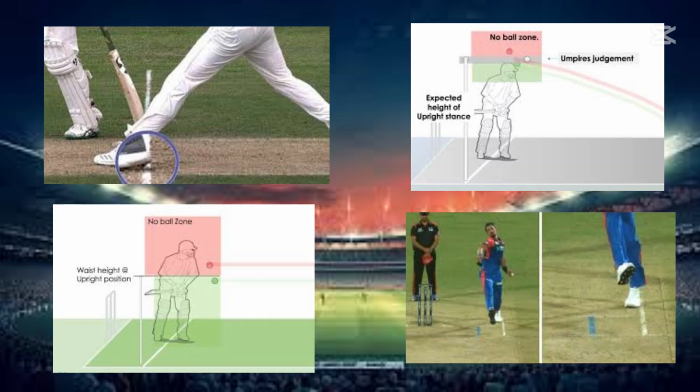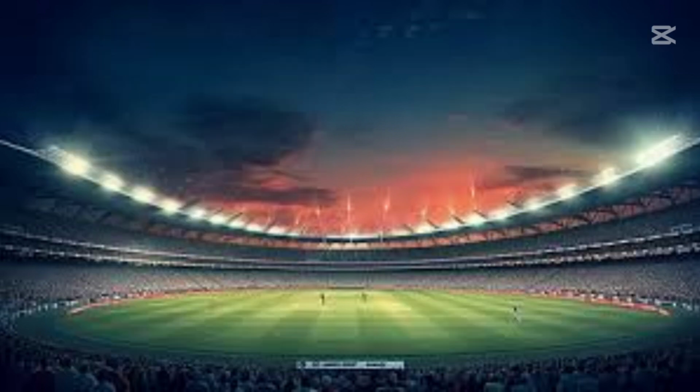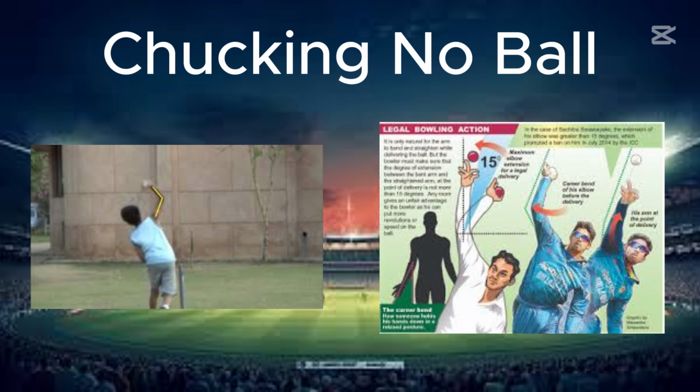So the front foot no ball, the waist high no ball, the bouncer no ball and the back foot no ball are the four no balls which are the most common in cricket. Apart from that, the chucking no ball is also seen frequently, but not as frequently as the other ones. Chucking is the phrase used to describe the bowler's illegal action, and such a bowling action gives an unfair advantage to the bowler.